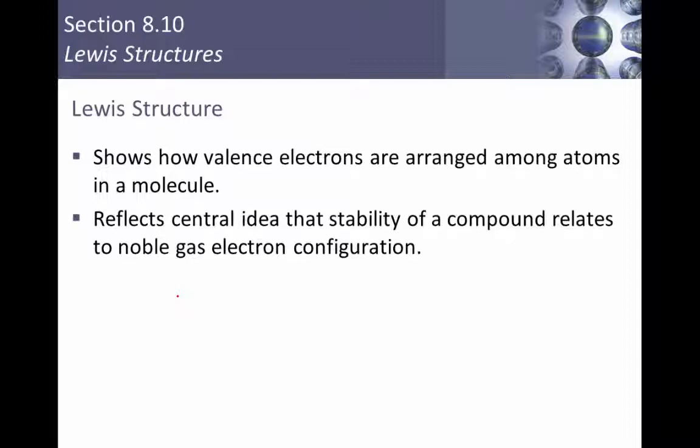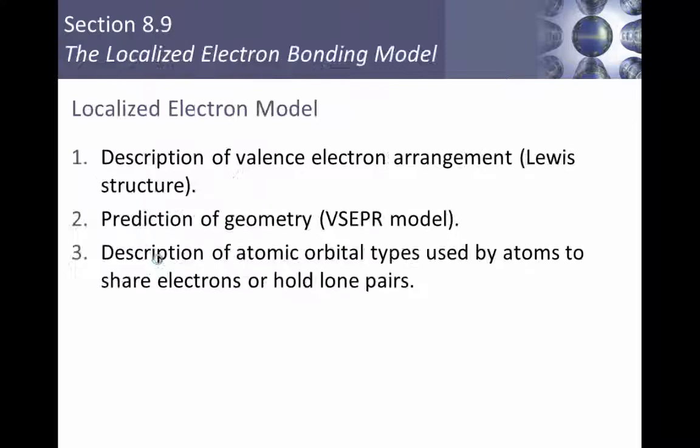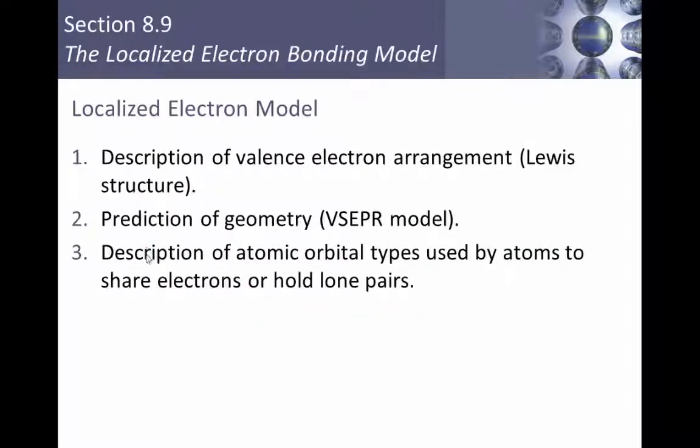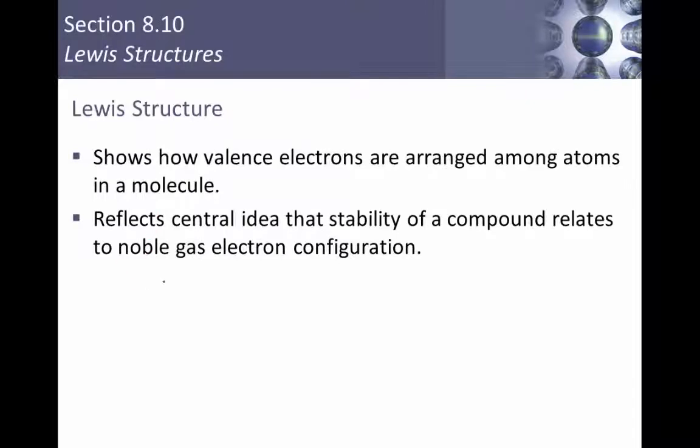All right, so the Lewis structure now will have a central atom and then outer atoms bonded to that central atom. And the goal is to fulfill the octet rule, which means we want to be like the noble gases, with that s2 p6 configuration, 8 valence electrons.